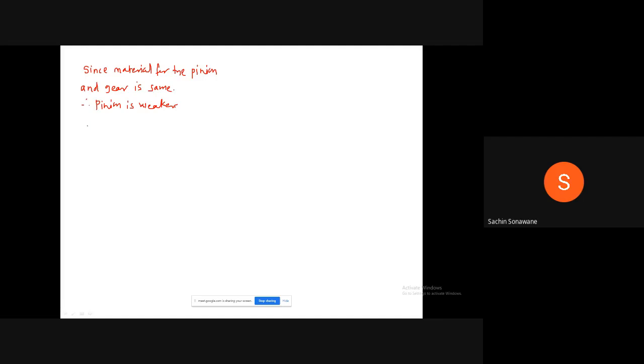Therefore, now we do not know number of teeth on gear. Therefore, we know the speed ratio formula. Np upon Ng is equal to Zg upon Zp. This is the speed ratio formula. Speed is inversely proportional to number of teeth, or speed is inversely proportional to diameter. Therefore, substitute the values.